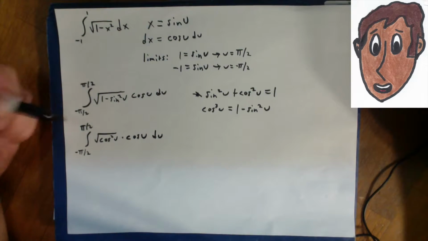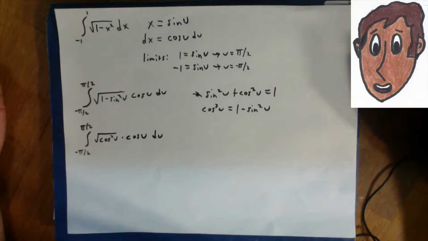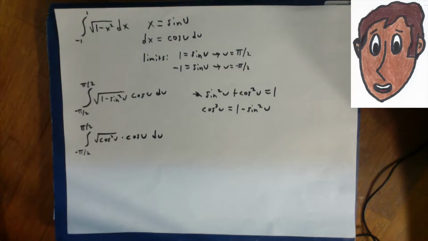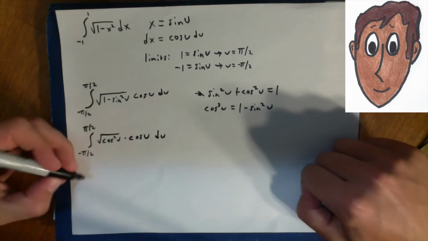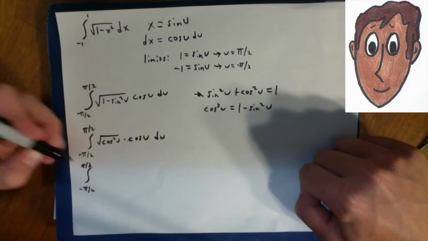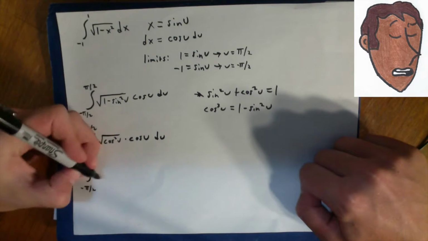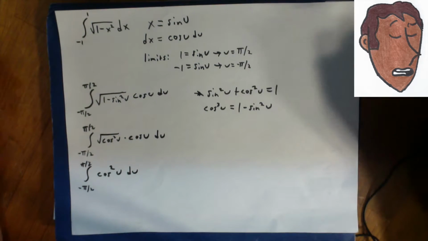Now I see that I have a square root over cosine squared, so that's just a cosine. We can multiply those two cosines together, so we have our integral as before, and now we have cosine squared u du.